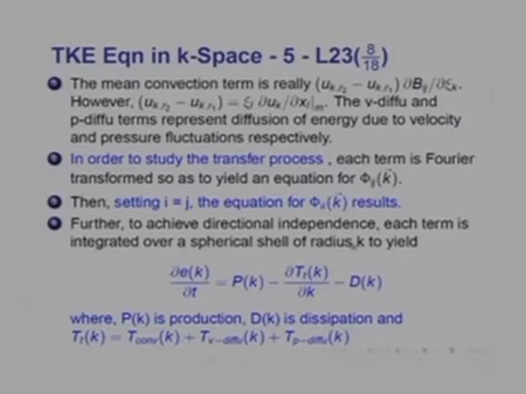I have left out all the algebra here, to yield dE k by dt equal to P k minus d T k by dk minus D k, where P k is production, D k is dissipation, and T k is the transfer term due to convection, due to V diffusion, and due to P diffusion, that is the diffusion due to pressure fluctuation, diffusion due to velocity fluctuation, and this is diffusion due to mean convection.